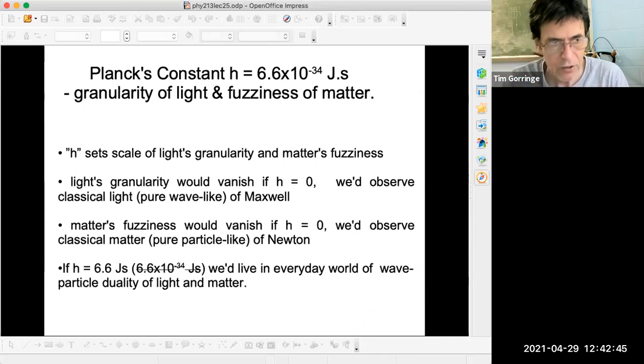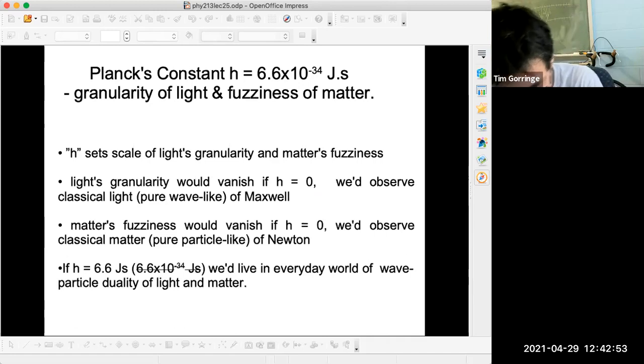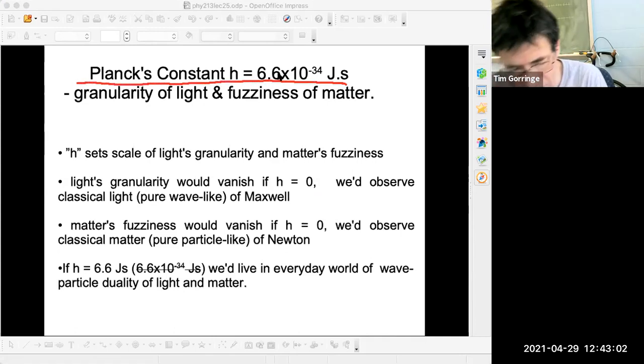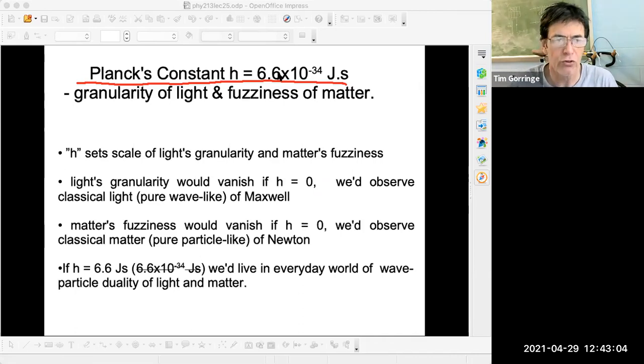Okay, so in that context, let me go back to Planck's constant. Remember that number? We introduced it in the last class. It's this tiny, tiny number here: 6.6 times 10 to the minus 34 joule seconds.